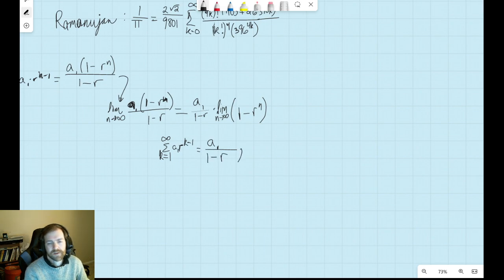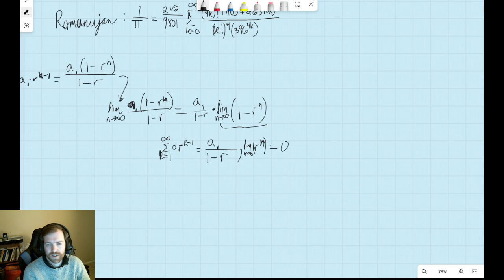But there's a caveat here. It can only be a sub 1 over 1 minus r when r to the n, as n goes to infinity, is 0. So the limit of r to the n as n goes to infinity has to be equal to 0.